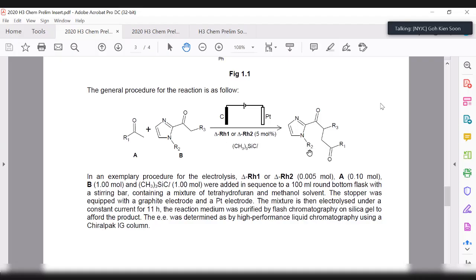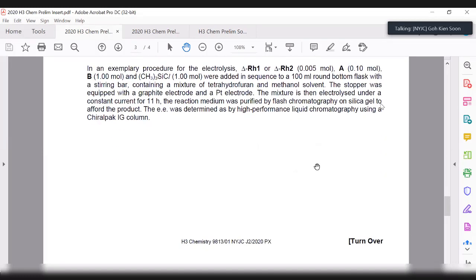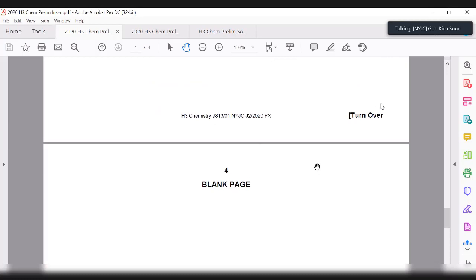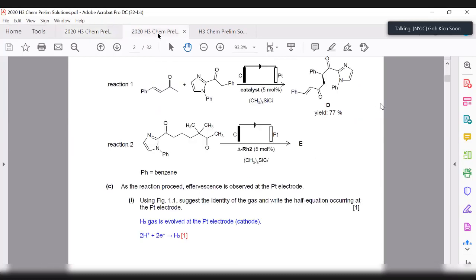So the original question had a percentage yield written here, as well as the percentage EE, enantiomeric excess. Based on that information, we can do a lot of manipulating of the data and setting of questions, where you can use the EE value to ask them to calculate the angle of rotation, this and that. Okay. So again, for the first question, for last year, right?